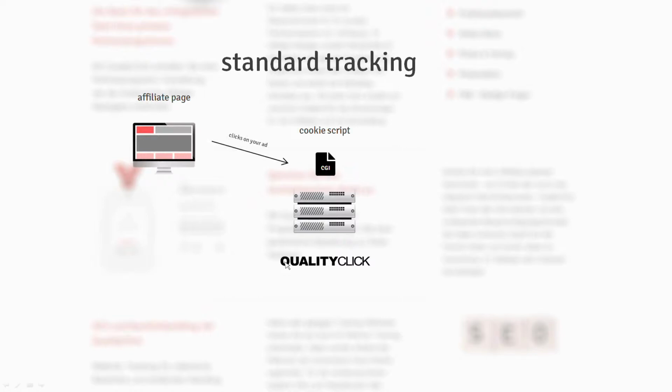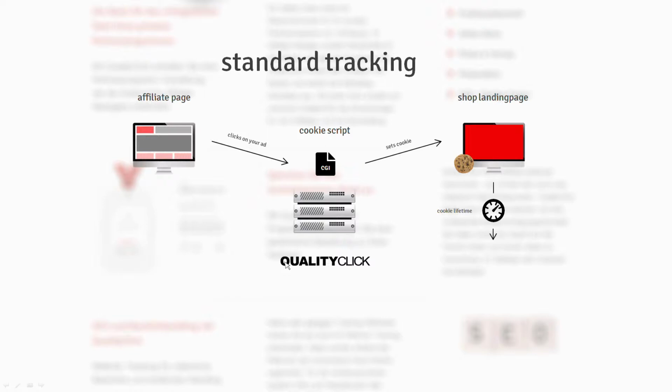QualityClick runs on our system and you take the domain and reroute it to our service. The customer is surfing through the web to one of the pages of your affiliates and clicks on a banner ad, something like that. In this ad there's a CGI script, the go CGI, which will set a cookie in the browser of your customers and redirect to your shop landing page.